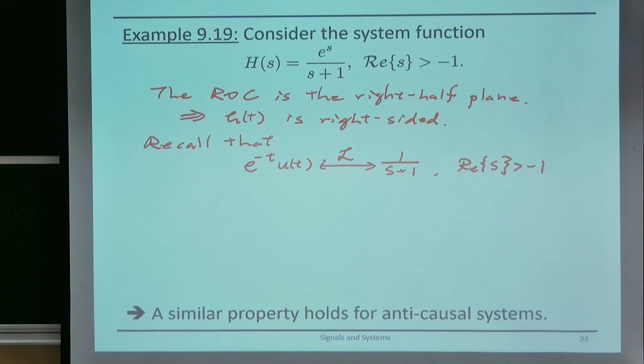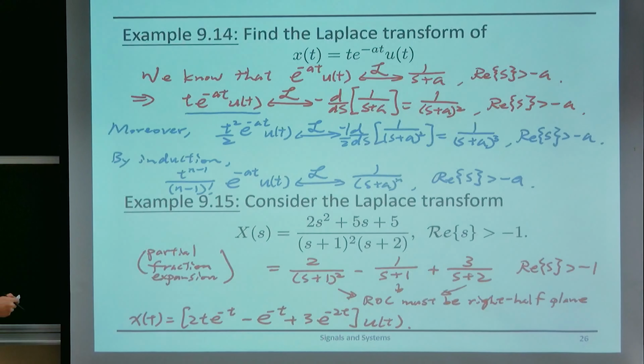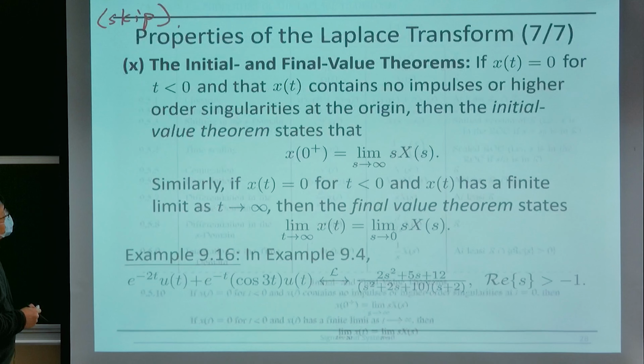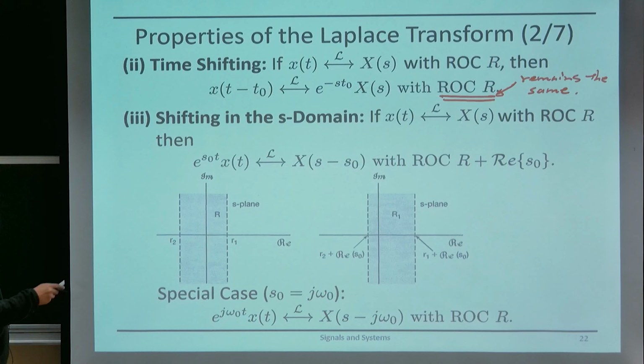Now this part is similar to this, except for this exponential term. But by the time-shifting property, we know that when we multiply a Laplace transform by e to the power s, this implies a time shift in the time domain. If you multiply the Laplace transform by this exponential, then this implies a time shift of t naught.